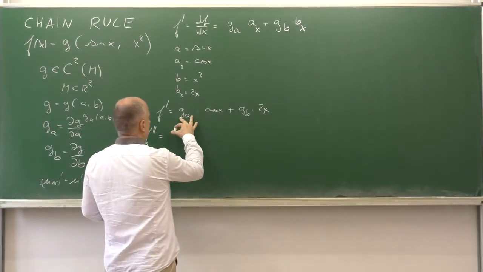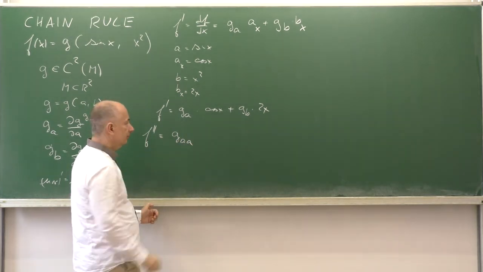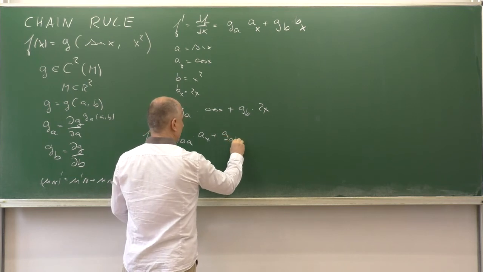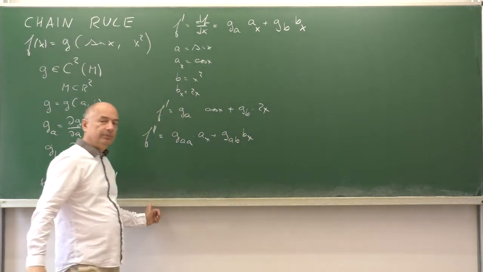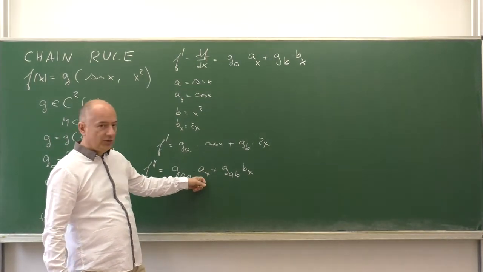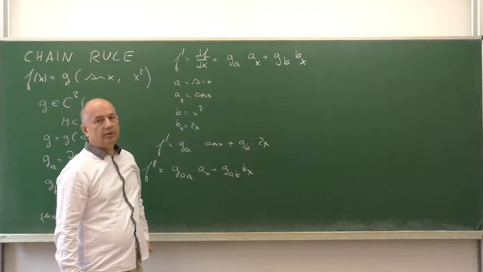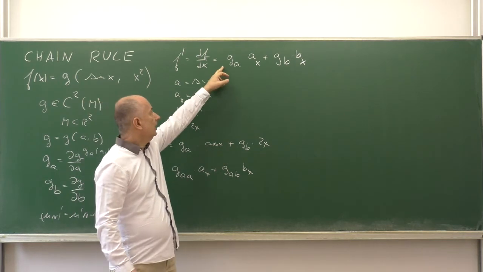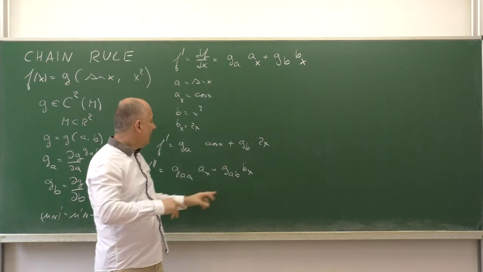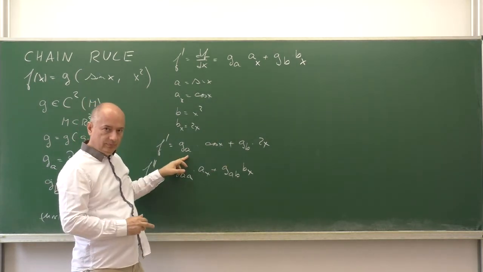So the derivative of ga is ga with respect to a once again times ax plus ga with respect to b times bx. Right? This is exactly the same chain rule as we used a moment ago. Just there we applied the chain rule to g, and now we apply the very same rule to ga, the first derivative.